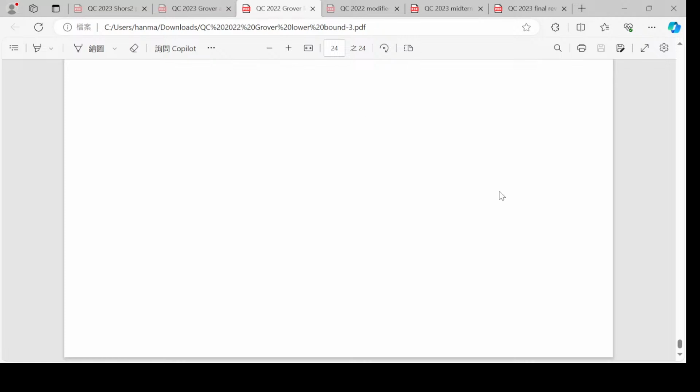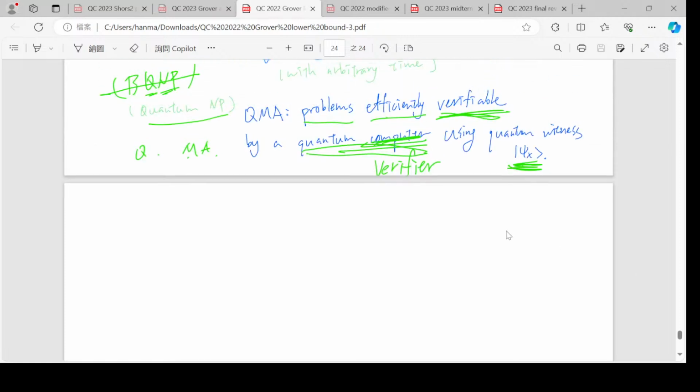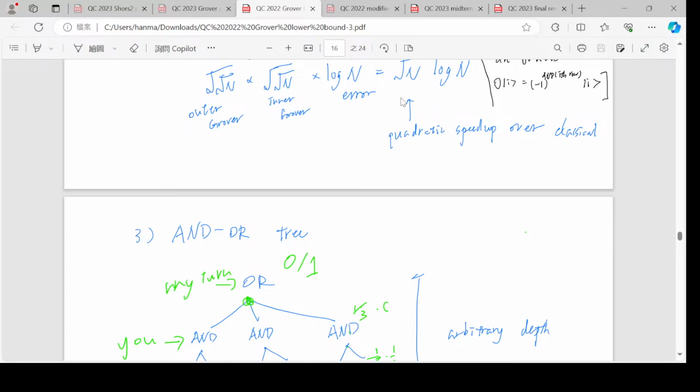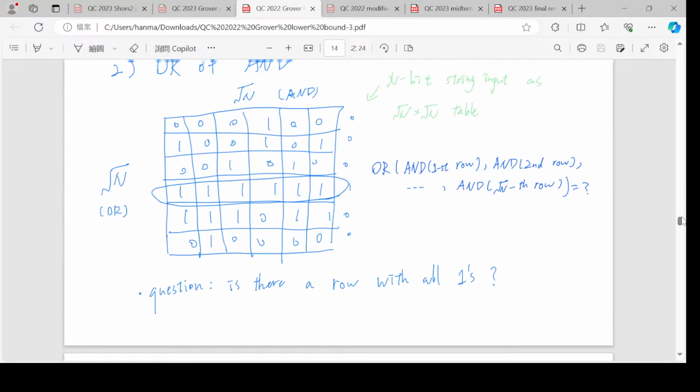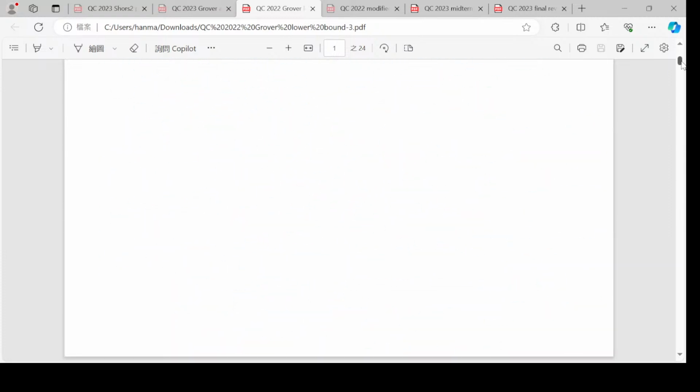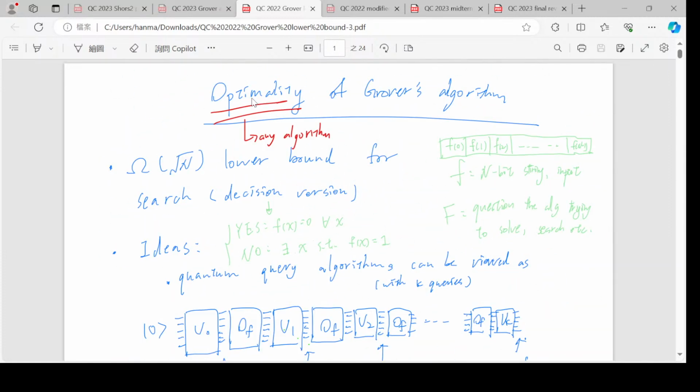So I'll do a little bit of a review first. Last time we finished teaching Grover's algorithm, and we have this quite cool Grover lower bound. It's really a lower bound on the search problem, or the OR problem.